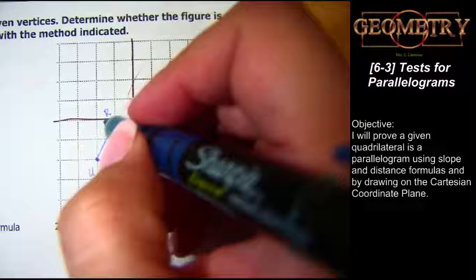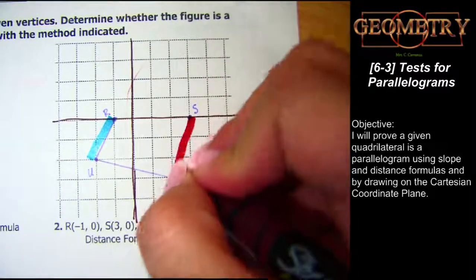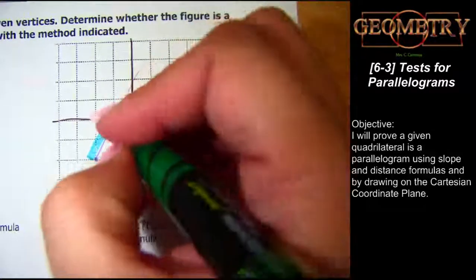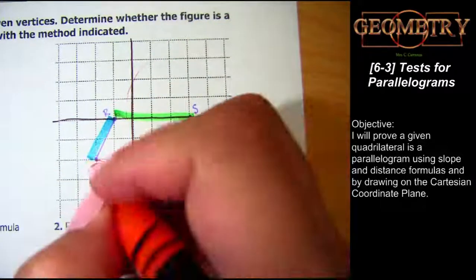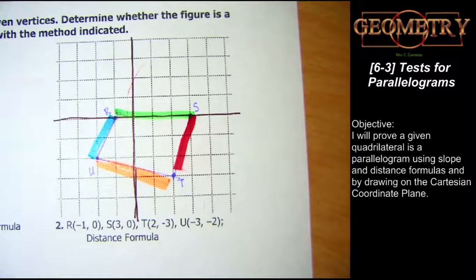Distance formula checks this length against this length, and it checks this length against this length. I need both sets to be equal to each other, and the moment I have even one set different, I can stop because there's no way it's going to be a parallelogram.